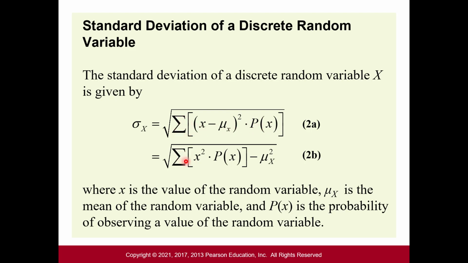And then very similarly, but just a modified version of the formula, we can square each x value first, multiply it by its probability, and then take that number, add all those up. Notice the summation is, there's brackets around just that part of the formula. So add all those up, and then subtract from there the mean squared. And then at the end, square root that. But a lot of times we use technology to calculate this, so we don't really have to do this by hand very often.